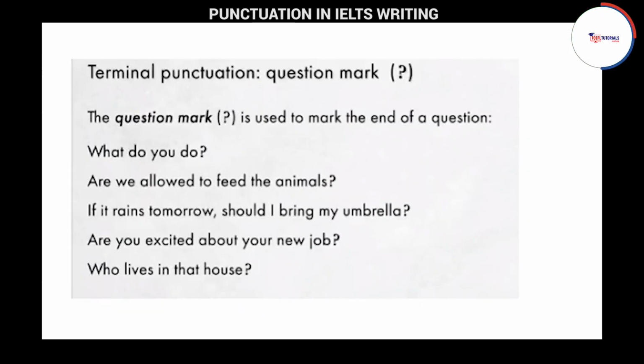Now let's come to the next part, the question mark. The question mark is used when you are asking questions to anybody and phrasing a question. You can just have a look quickly and then we can move to the other part.